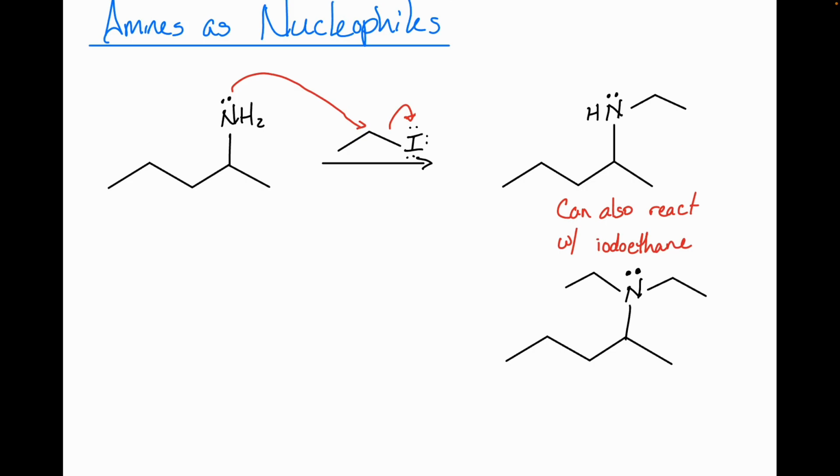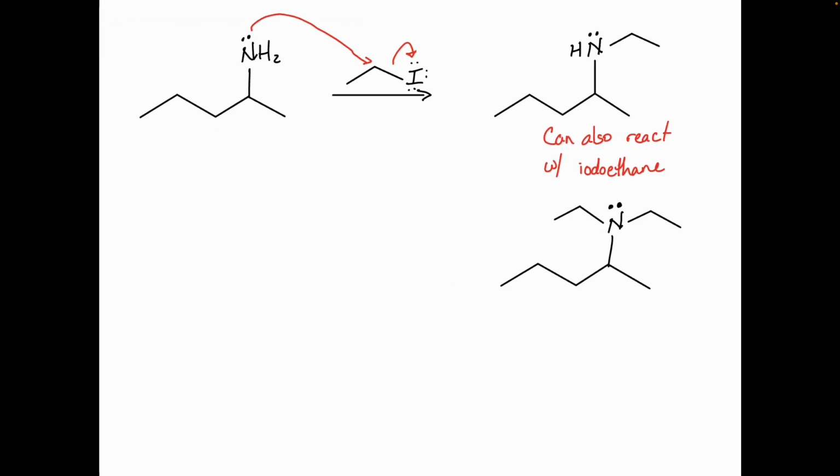All right, so we have our tertiary amine. But this tertiary amine also has this lone pair on there. All right, so we can also get what's called a quaternary amine salt, where that nitrogen again plays the role of a nucleophile. But now we have a nitrogen with 4 bonds and no lone pairs.